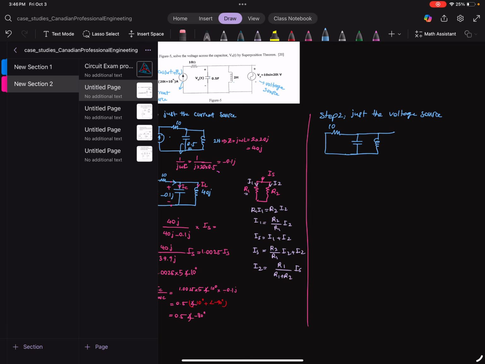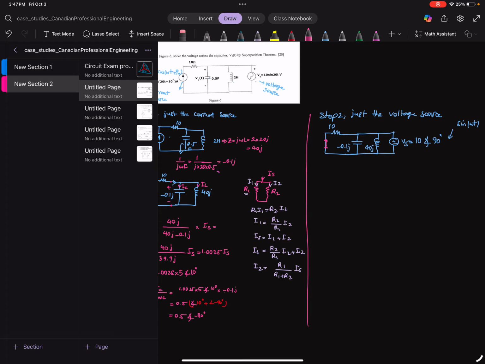So here we have Vs, which is 10 sine 20t. Because it's sine, the phase is going to be 90, because we had sine omega t. Then we have the same thing, minus 1j, 40j, and now when we short circuit the current source, the 10 ohm comes across.